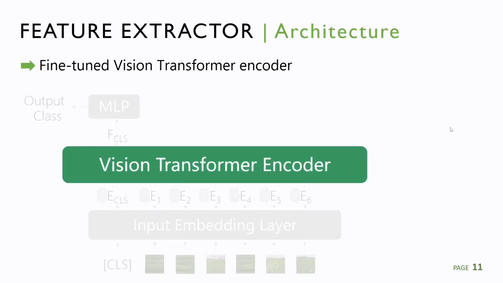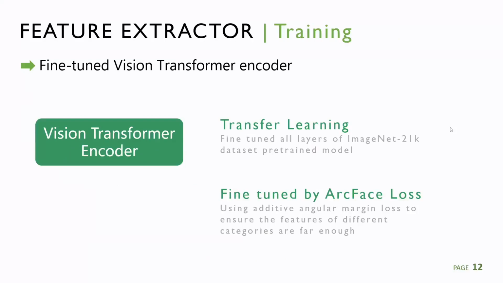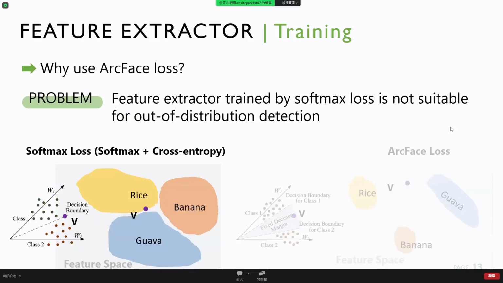Because it's the most accurate one in recent years. Actually, if I remember correctly, it started from last year, and it already outperforms most of the CNNs. And we use transfer learning because transformer encoders are very big, and that's the usual practice.